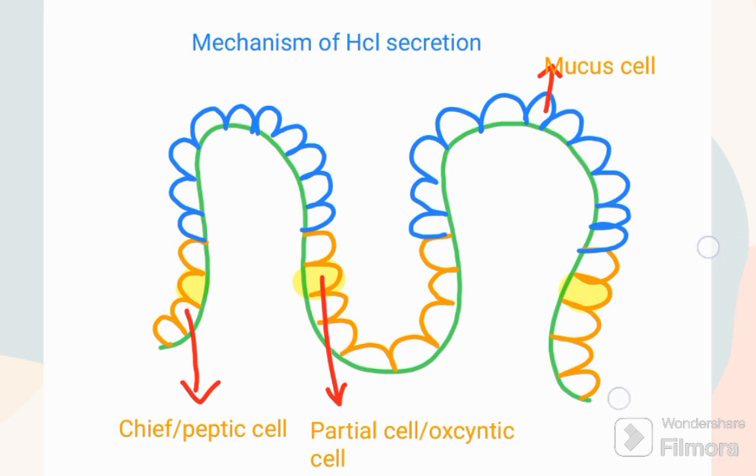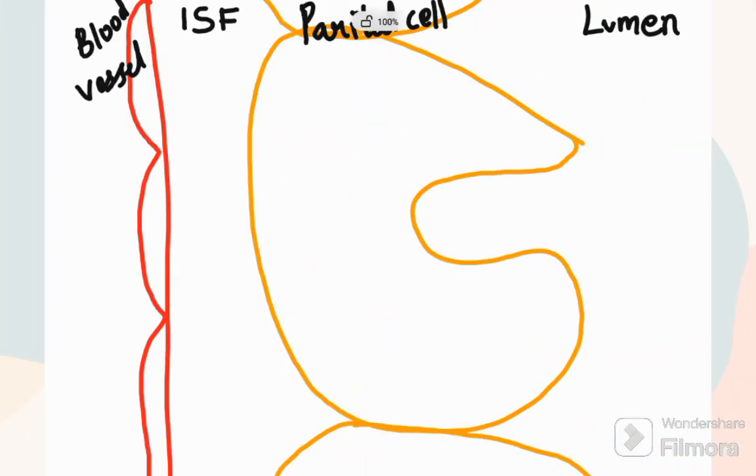Now let's talk about the mechanism of HCl secretion. First, the carbon dioxide and water come from the blood.